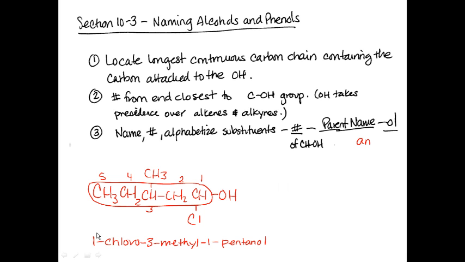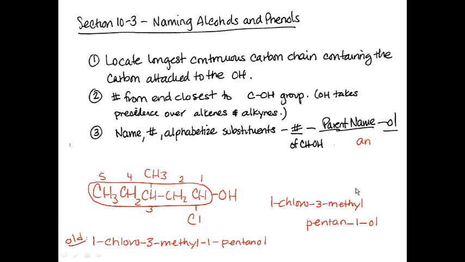Apparently this is the old IUPAC system. In the new IUPAC system, the name of this would be 1-chloro, 3-methyl, and then we would have pentane, and then we would have the 1 and the -ol.